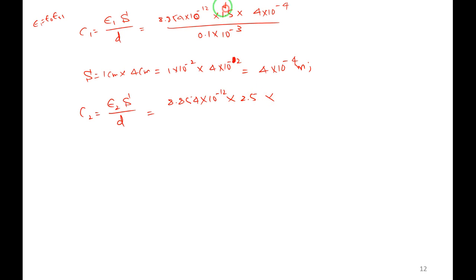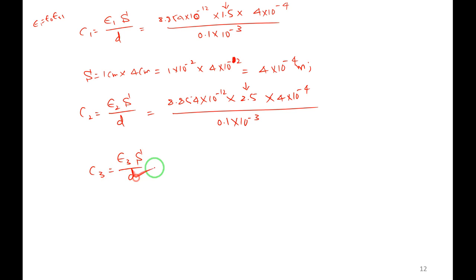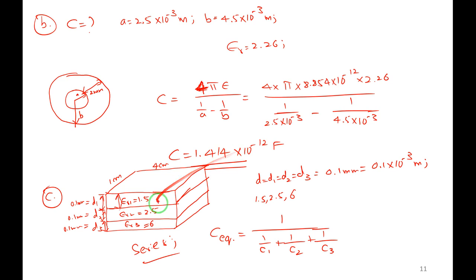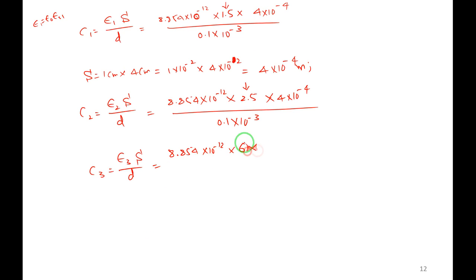Only this will vary, and the surface area remains the same, divided by the same D. Similarly we calculate C3, epsilon 3 S by D: 8.854 into 10 power minus 12 into S, with dielectric constant 6. Only this is changing, divided by 0.1 into 10 power minus 3.